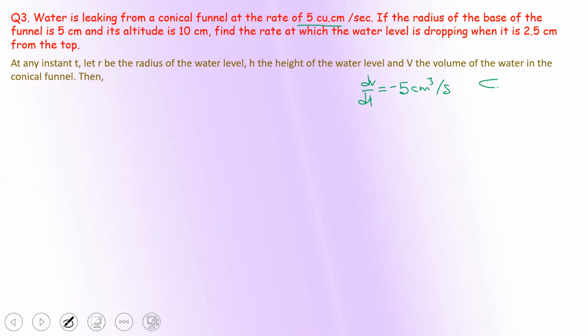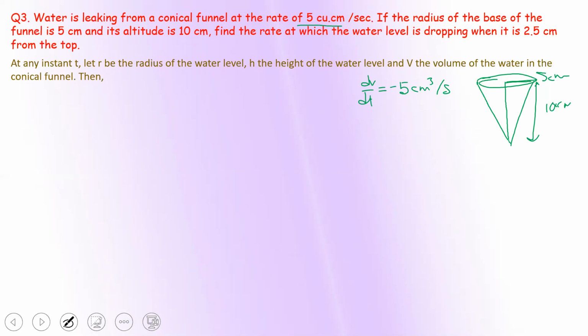The radius of the base is 5 and the height of the funnel is 10. So this distance is 5 and this height is 10 centimeter. Now find the rate at which the water level is dropping.